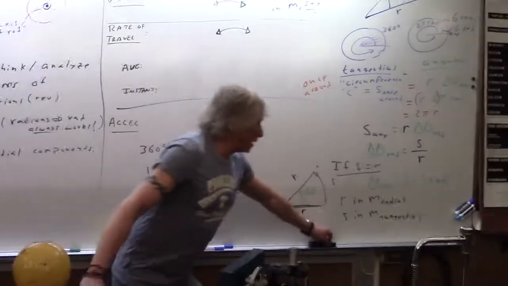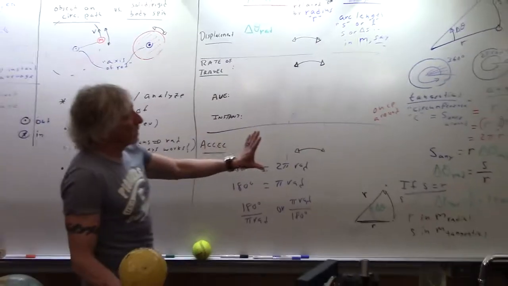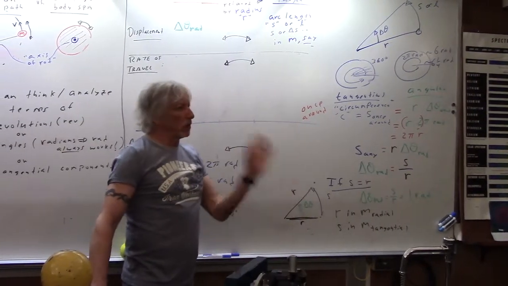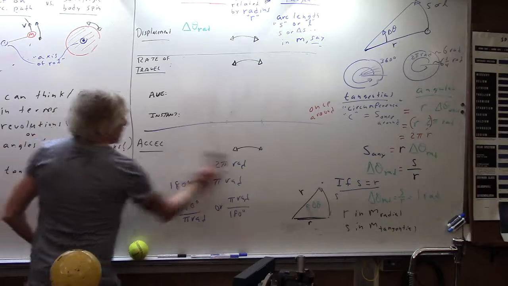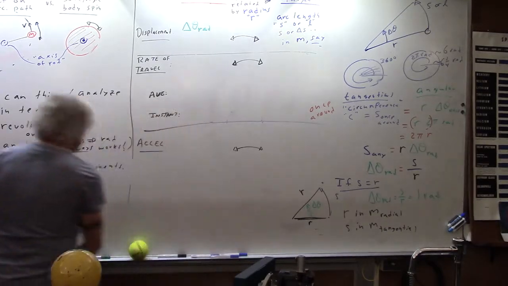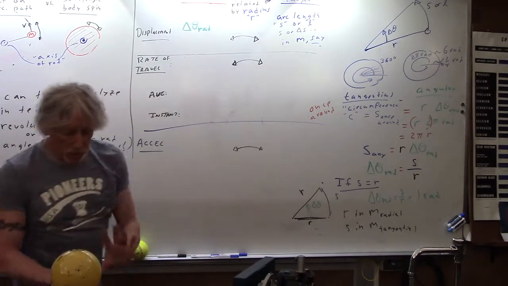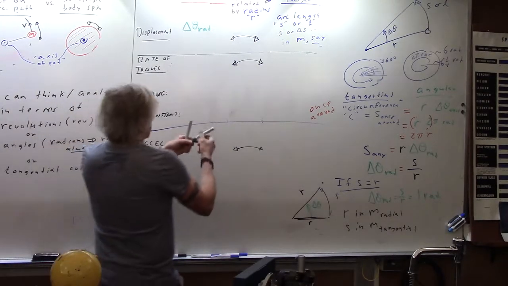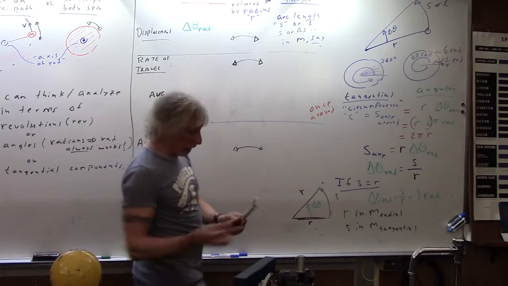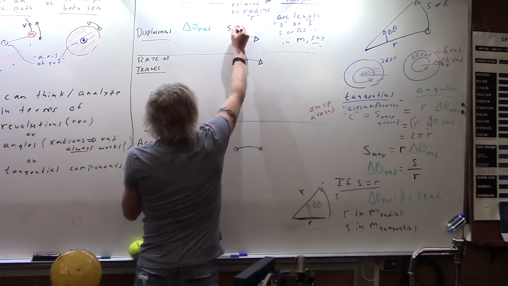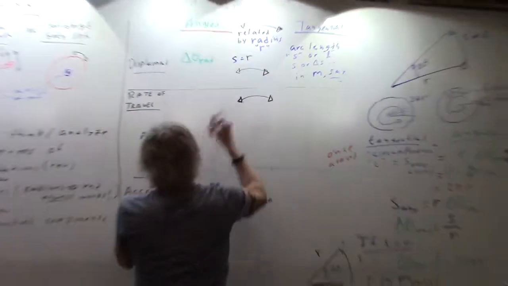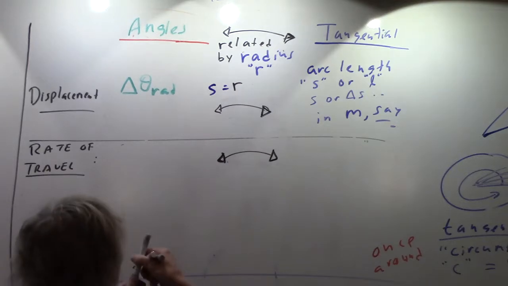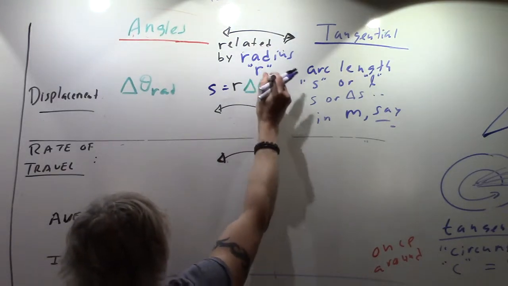So you get to rewind, and you do this. The best way to do it is look at it like usual, get a little acquaintance, then use it. Then look at it, then use it. And it will open up huge doors. So when we talk about this, the relationship is the R factor. I can write that S, meters tangential, is equal to R, meters radial, times theta in radians.